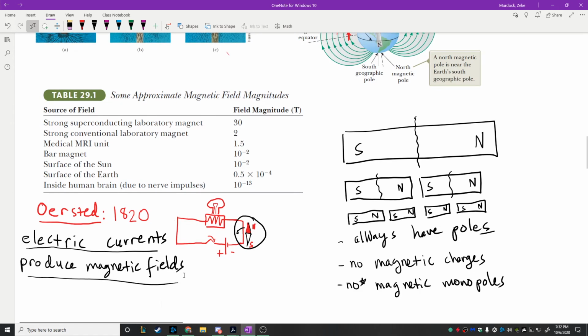And one thing you know about the flow of charge is that you can't have a flow unless you have a complete loop. You need a loop to have a flow of charge. And that's part of the reason why you can't have magnetic monopoles. We'll derive that in more detail in the next chapter when we look at the magnetic field produced by our loop of wire.